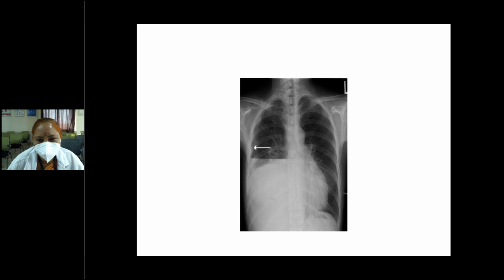Plain X-ray PA view. Posterior anterior view of chest and upper part of abdomen. Posterior anterior view only. Okay. Yes ma'am. Posterior anterior. Skin and subcutaneous tissue normal ma'am. Okay.